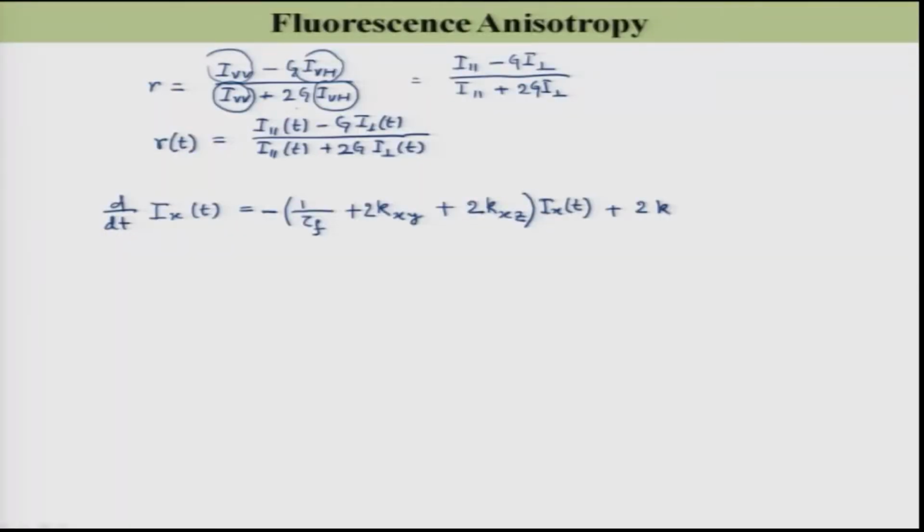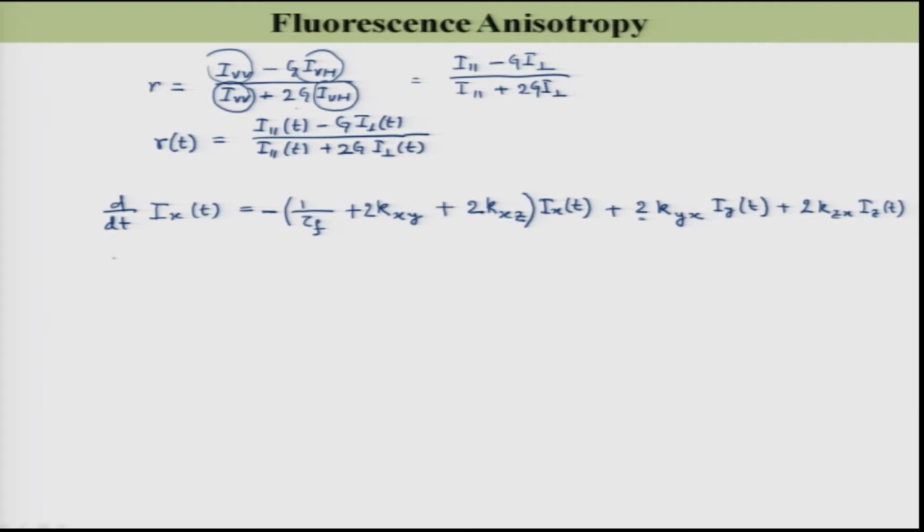Then I will write plus 2 k, the rate constant of reorientation from y to x, so k y to x, and this 2 I have written again because of clockwise and anti-clockwise, times I y t, plus from z to x, so 2 k z x I z t. I can write this.